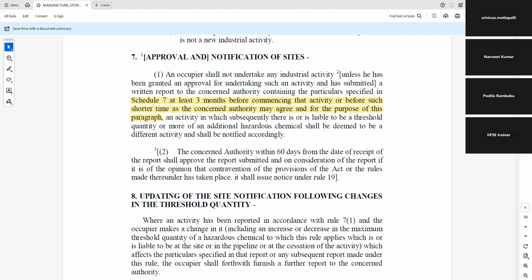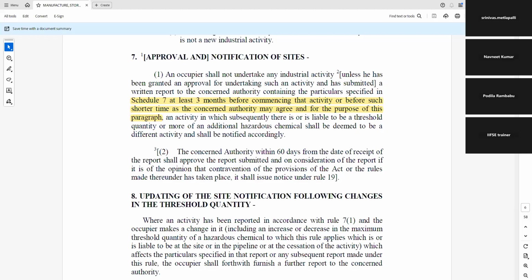Or else, at least 3 months before, if you are starting with an MAH installation as per the list of chemicals, if you are using them in that process, you have to inform at least 3 months before.